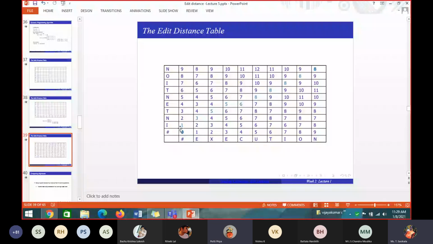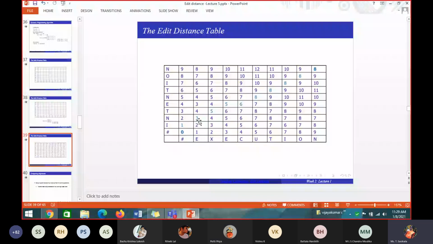Different. So I have to add 2, so 2 plus 1 is 3. What is the minimum among all three combinations? 3. So I am writing 3 here.